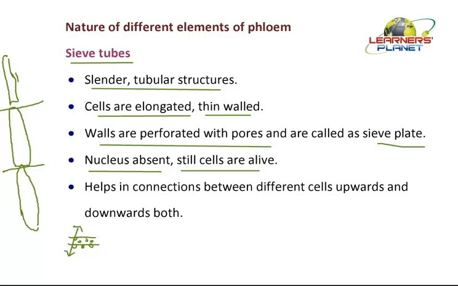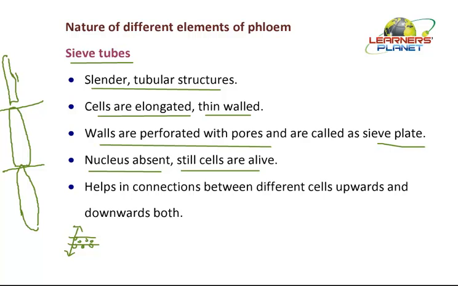The nucleus degenerates when the cells mature, and they have associated cells in their surroundings, known as companion cells, the second element of the phloem tissue. Those companion cells have a large nucleus and intercommunicate through the pores, so they control the life of the sieve tube structures.